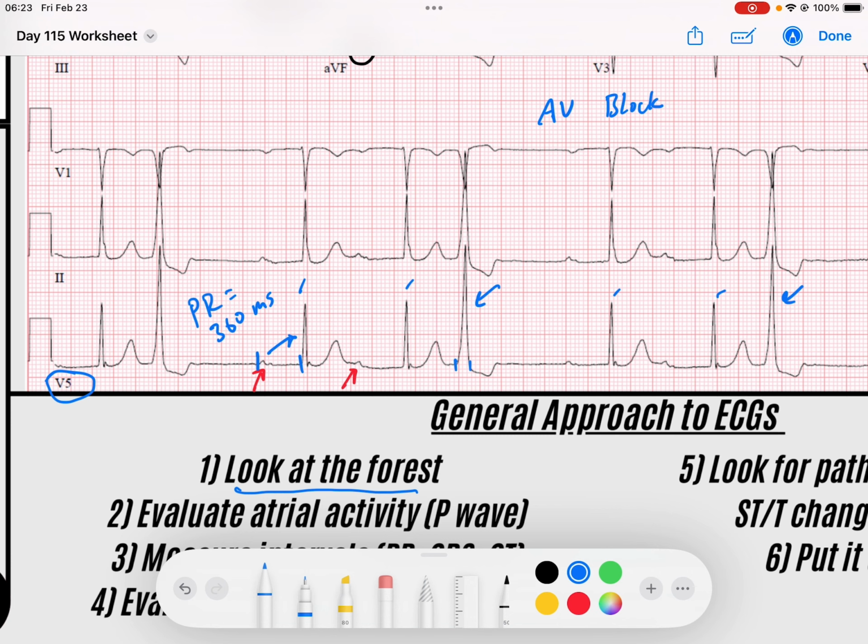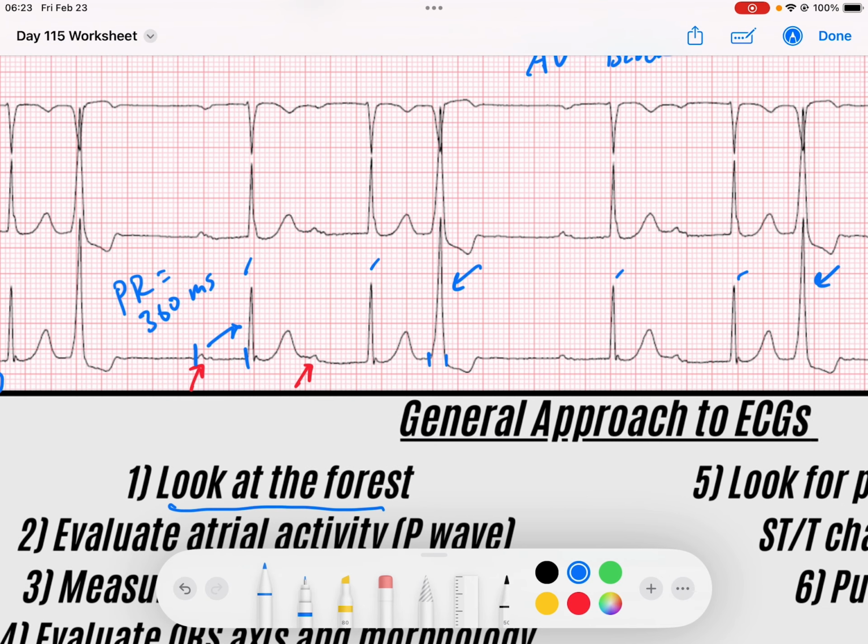What's even more interesting is the next beat that occurs. Look at the PR interval in this beat. The PR interval is growing. This one is maybe 12 small boxes, and so that is a 480 millisecond PR interval.